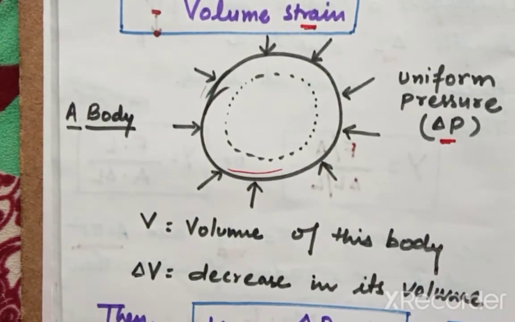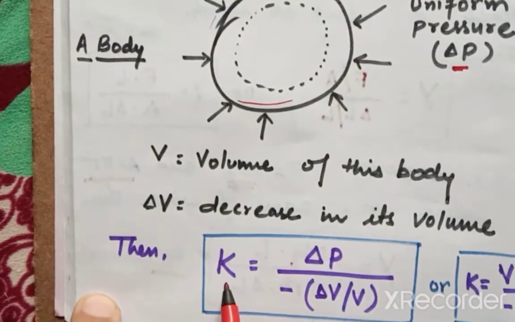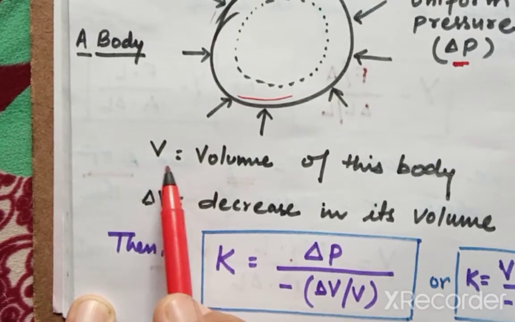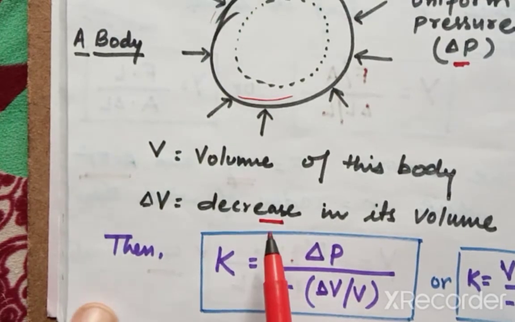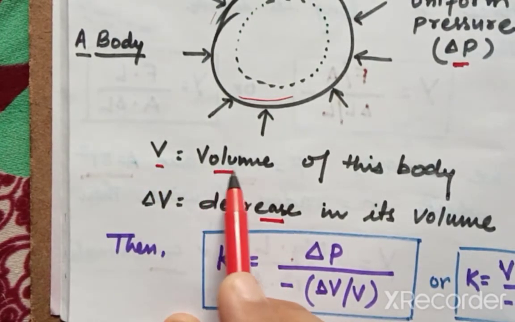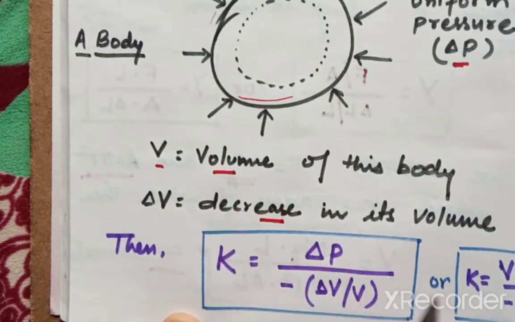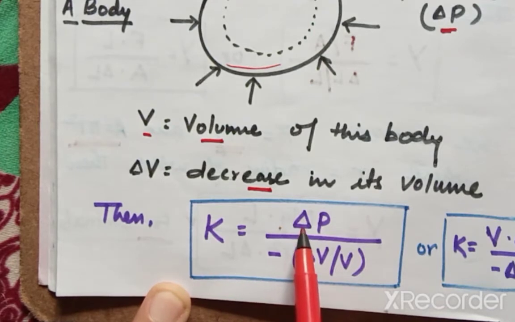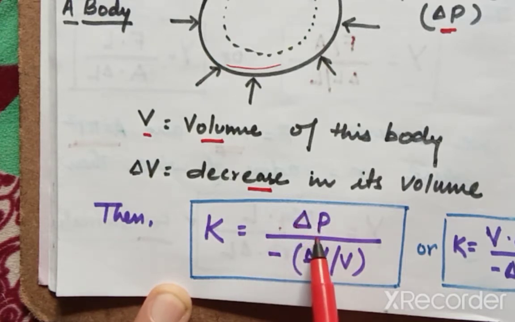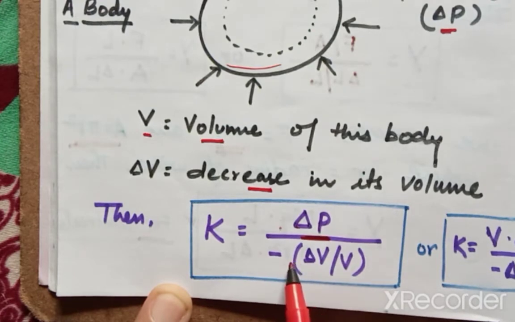Here V is the volume and delta V is the decrease in the volume. So putting both the values in the formula of bulk modulus, firstly the stress, the volume stress or the normal stress, is delta P, and the volume strain is delta V by V, with a negative sign also.